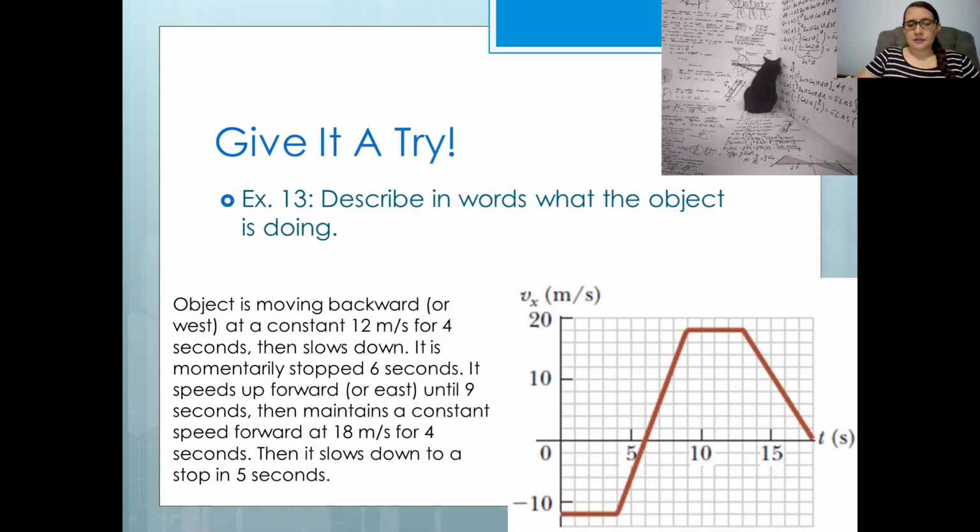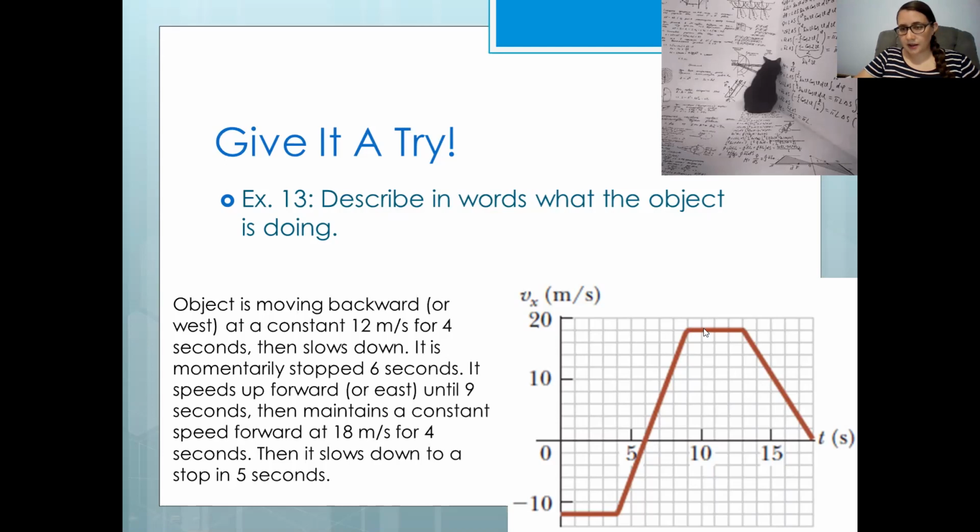Right, so that means it's slowing down to a stop. So right at 6 seconds, it is momentarily stopped. Its velocity is momentarily 0. Then we can see its velocity is increasing all the way up to 18 meters per second at 9 seconds. So what might be happening here is that it is changing direction, right?